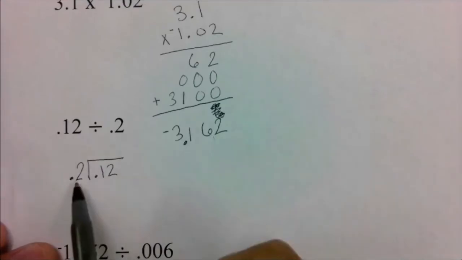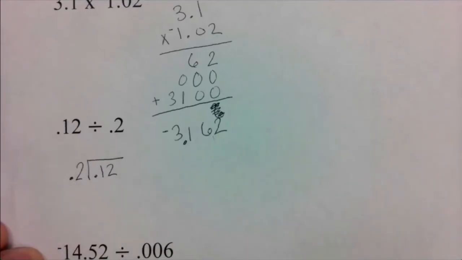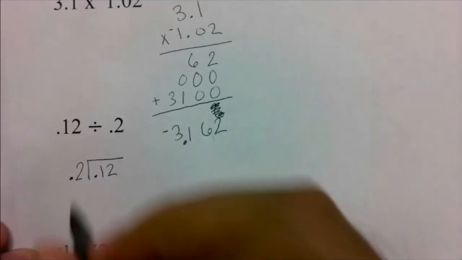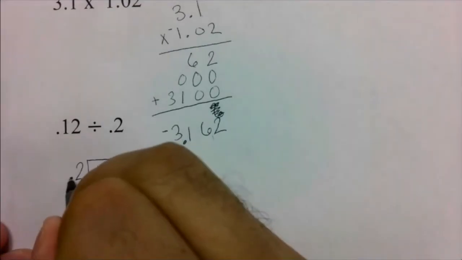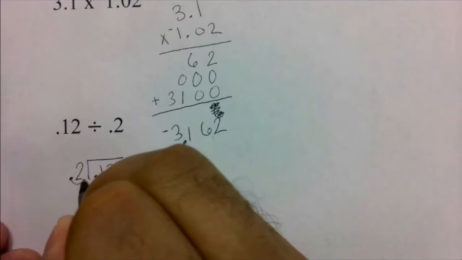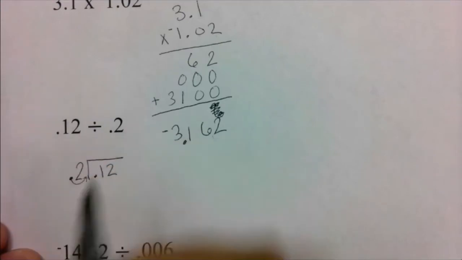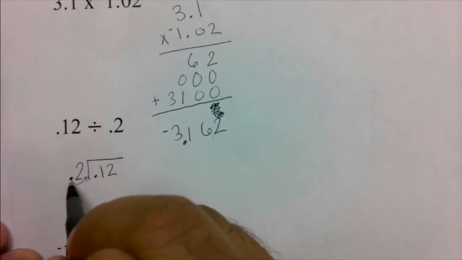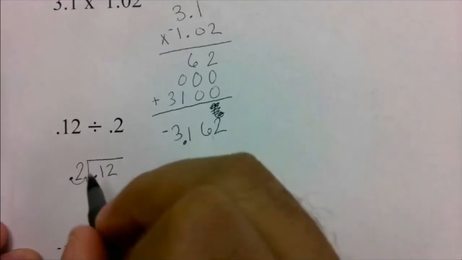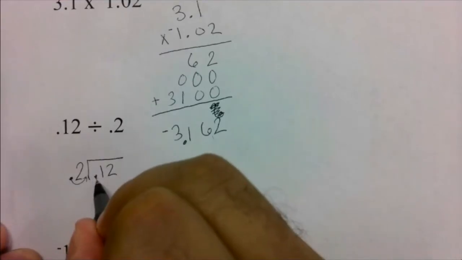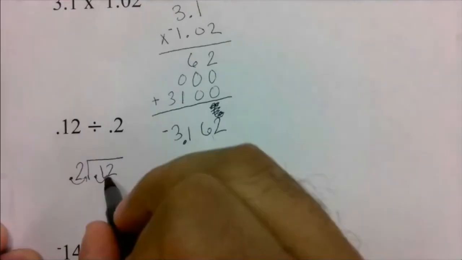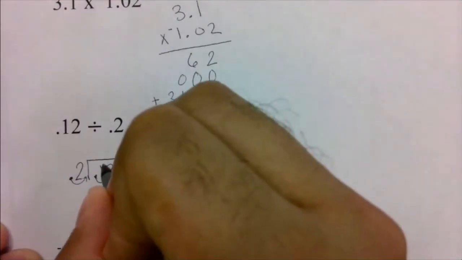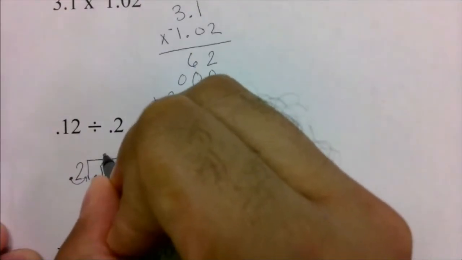So we have to make this 2 a whole number by moving that decimal point over 1. Now, whatever you do to the outside, you must do to the inside. So since we move this decimal to the right one, we have to do the same thing to this decimal. Move this to the right one. And once you move it, just plant it. All right?